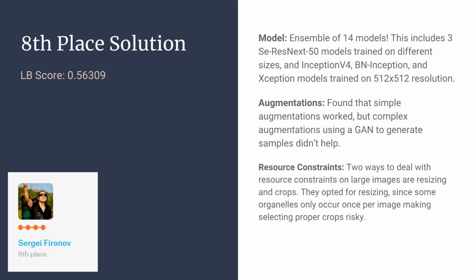They also tried to use some complex augmentations, like using a generative adversarial network to generate samples, but they found that it didn't help. To theorize about why that didn't work: these scores were so low for all these models, like they were all under 0.6.